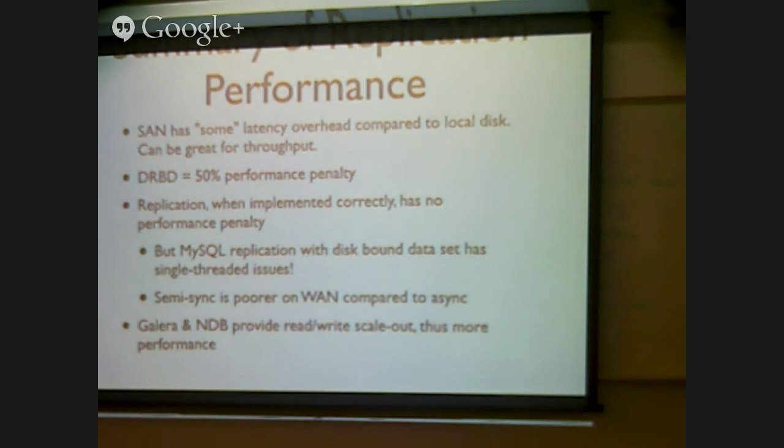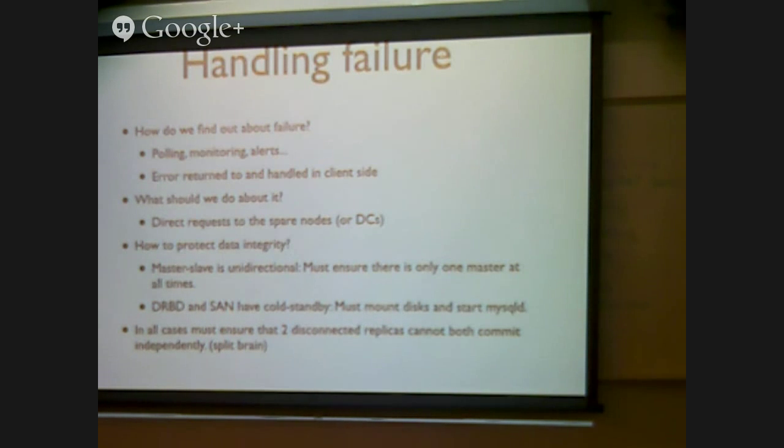So, quick summary of replication performance. You have SANs, DRBD, Galera. I highly recommend regular replication and Galera overall. Now, what happens when it's time to handle failure? How do you find out about it? Do you poll? Once you've found out about it, what do you do about it?